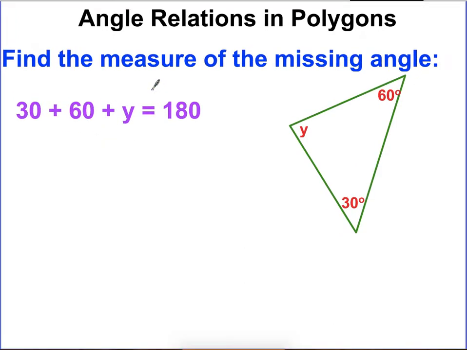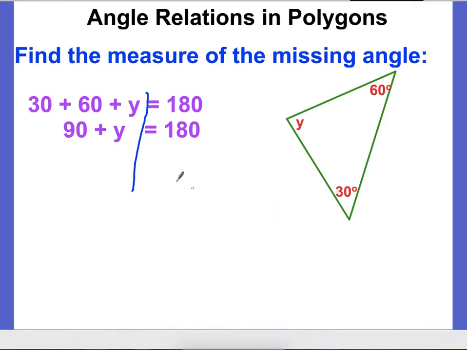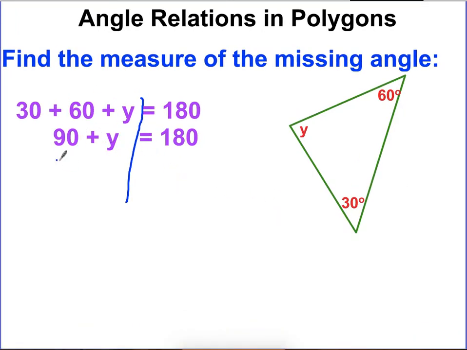And then remember to solve that, we'll draw a line down the equal sign. And then we need to combine like terms here. 30 plus 60, those are on the same side of the equal sign, so those go together. 180 is just 180. So inverse operation here, look where the variable is, subtract 90 on both sides.